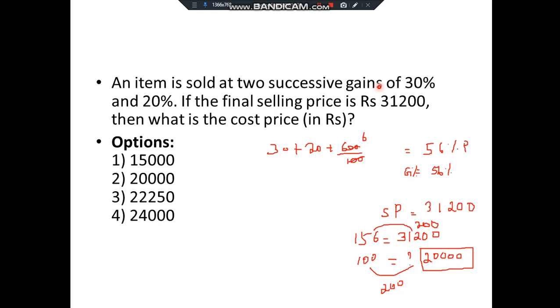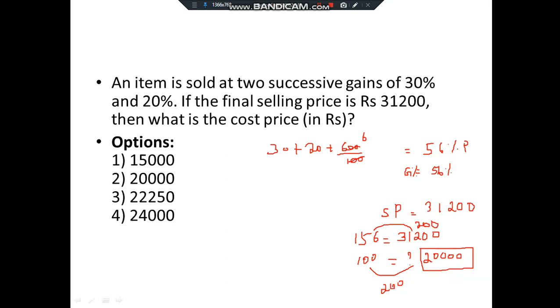Successive gain means profit only. Successive profit you get as 56%. So 56% is your profit percentage, and selling price is given. Using that find the cost price. So your answer would be 20,000.